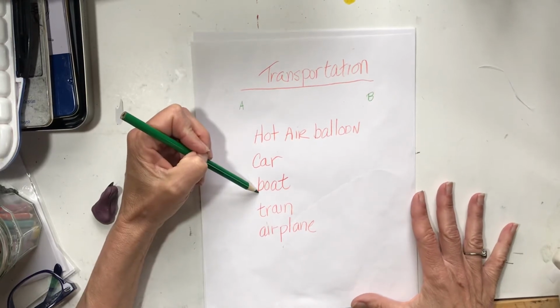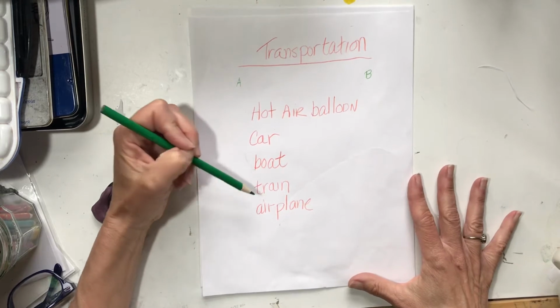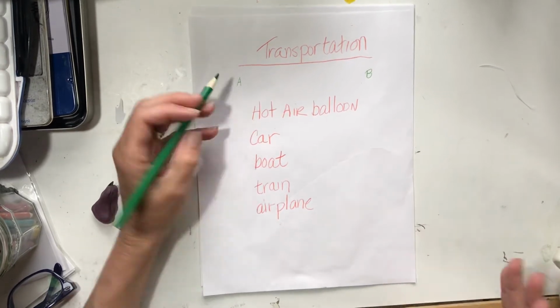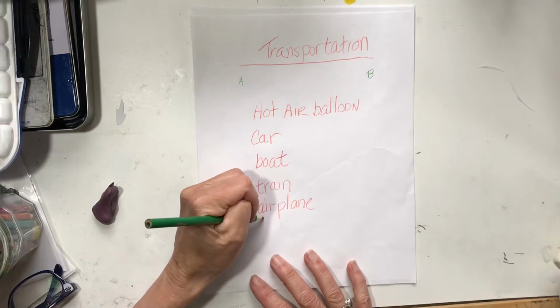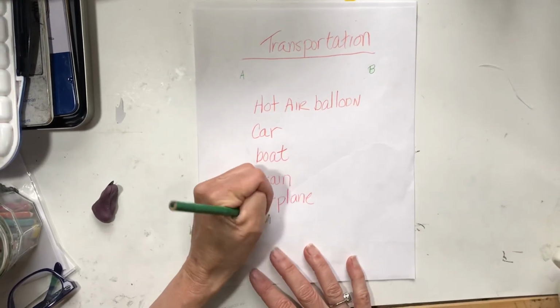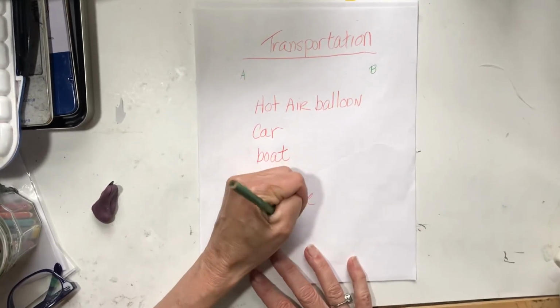I'm thinking a pirate ship might be kind of fun to draw. A train, an airplane, maybe a bicycle. I'm not sure. Let's see, we'll add that, bicycle.